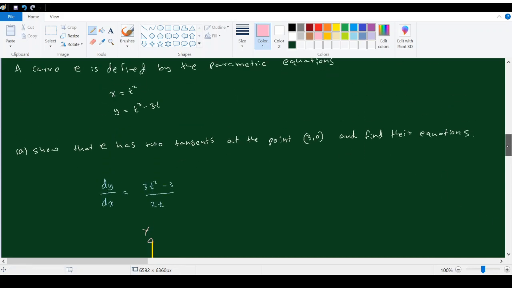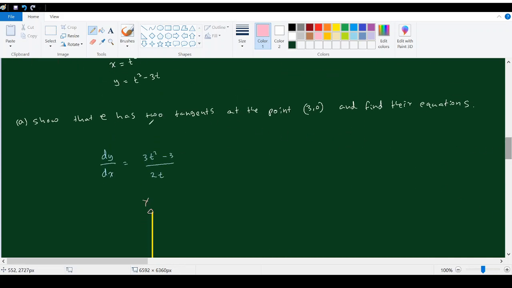Now we are supposed to show that this curve represented by the given formula, whose exact shape we still don't know, has two tangents at the given point.